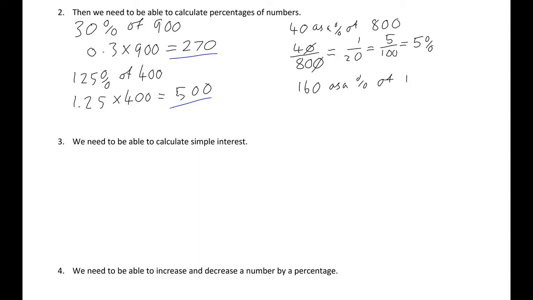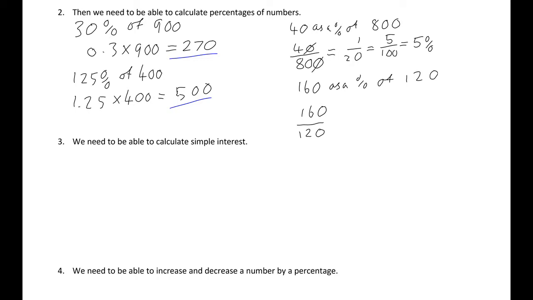Now you'll notice this time the number that I'm doing it of is smaller than the other one, but it's still the one we're doing it of, so it still goes on the bottom. So this is going to be over 120, and it's going to be 160 over that.